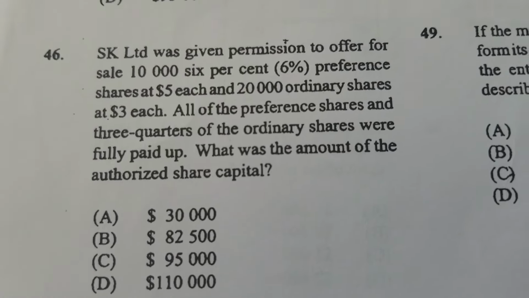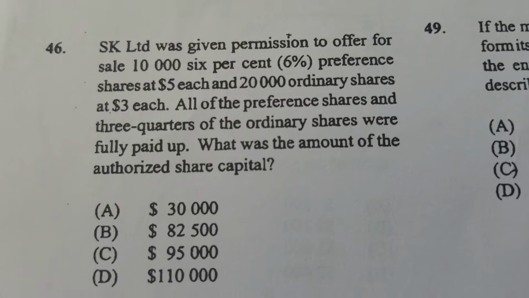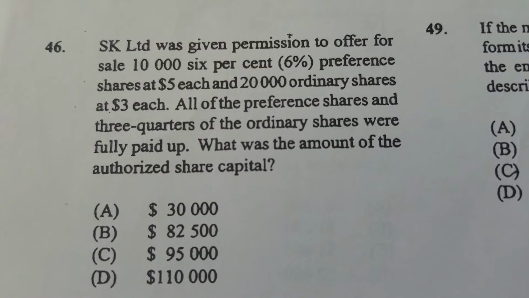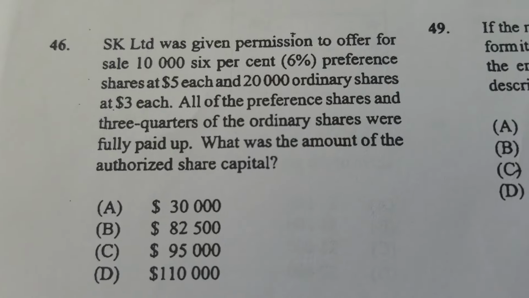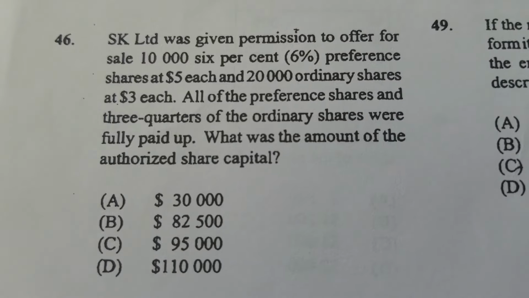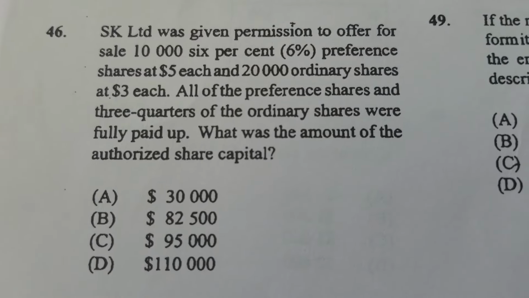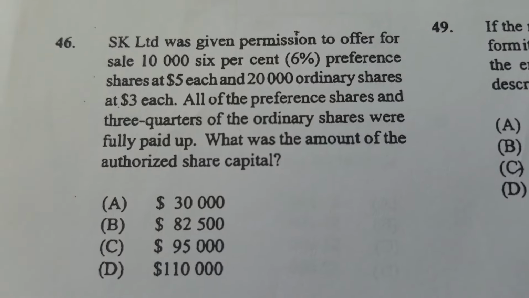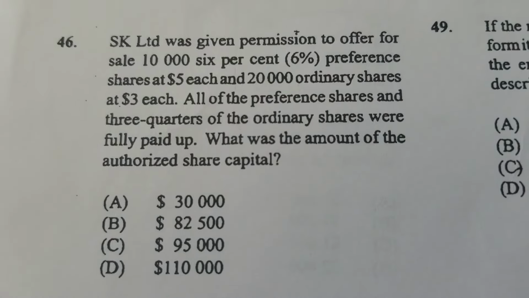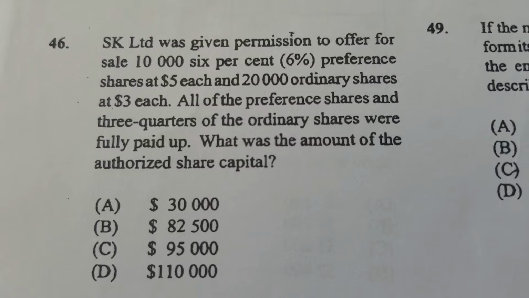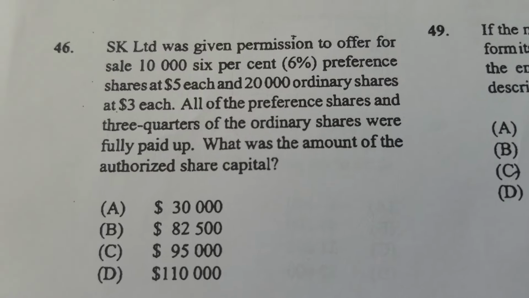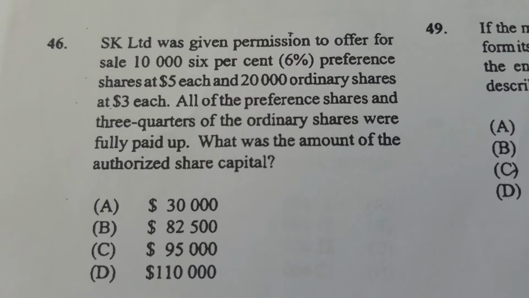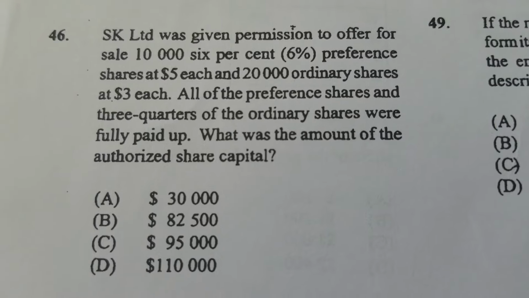Question 46. Question 46 says, SK Limited was given permission to offer for sale 10,000 6% preference shares at $5 each and 20,000 ordinary shares at $3 each. All of the preference shares and 3/4 of the ordinary shares were fully paid up.